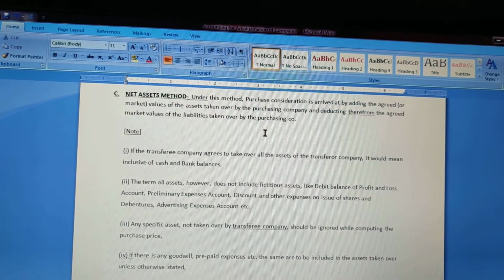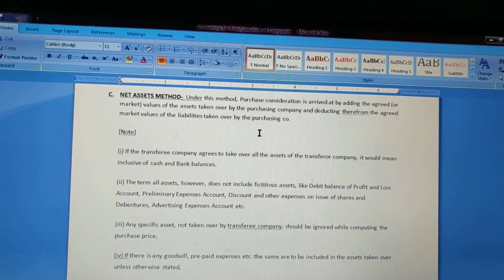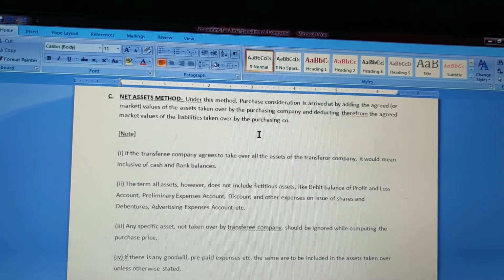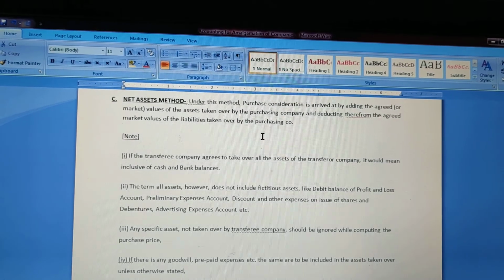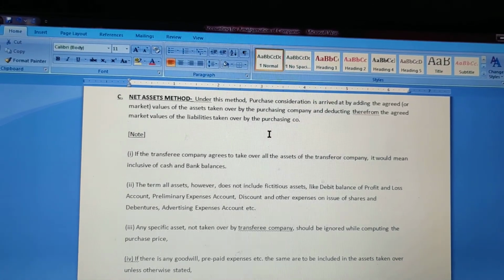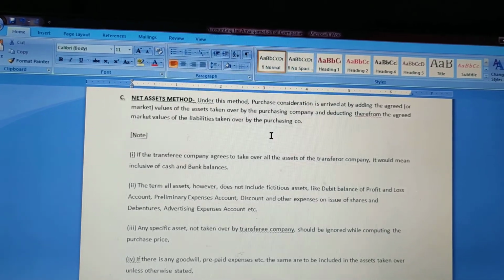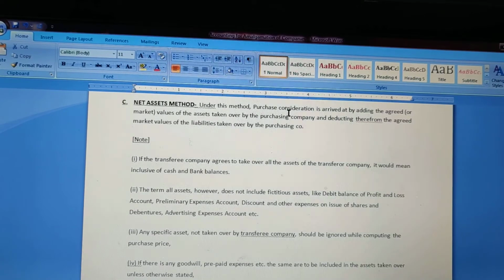It might be lower or higher than the book value given in the balance sheet. But if any asset's agreed value is not given in the additional information, then you have to take it from the balance sheet. The book value you have to take while calculating your purchase consideration.